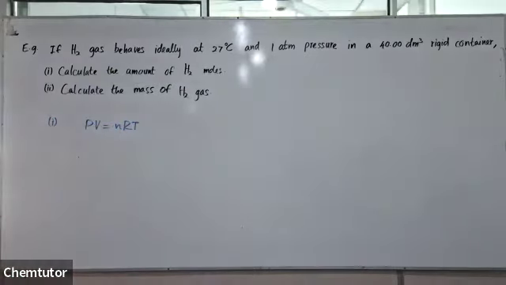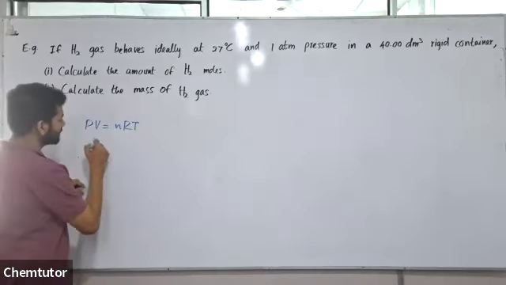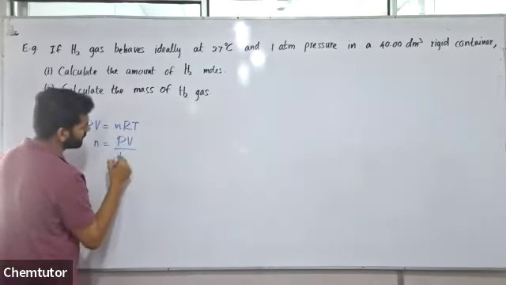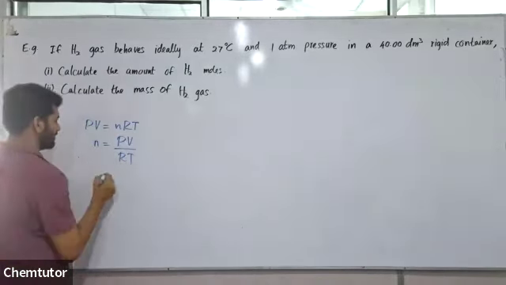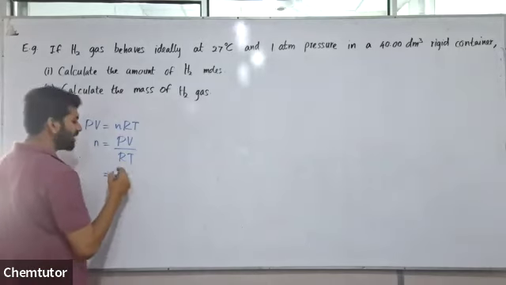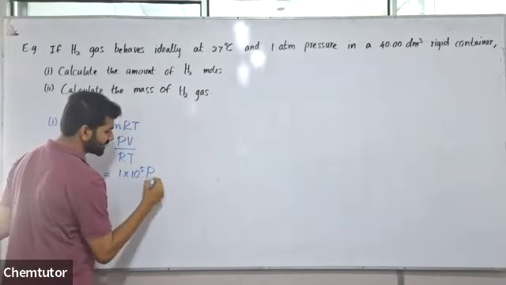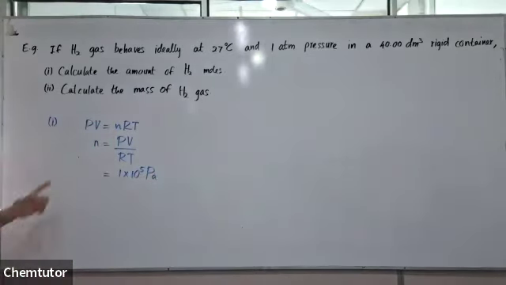What we need to find out here is the amount of hydrogen moles, that is n. Then let's make n the subject. So n equals PV over RT. Pressure is 1 atm, that means 1 into 10 to the power 5 pascals, because we have to apply the pressure in pascals.